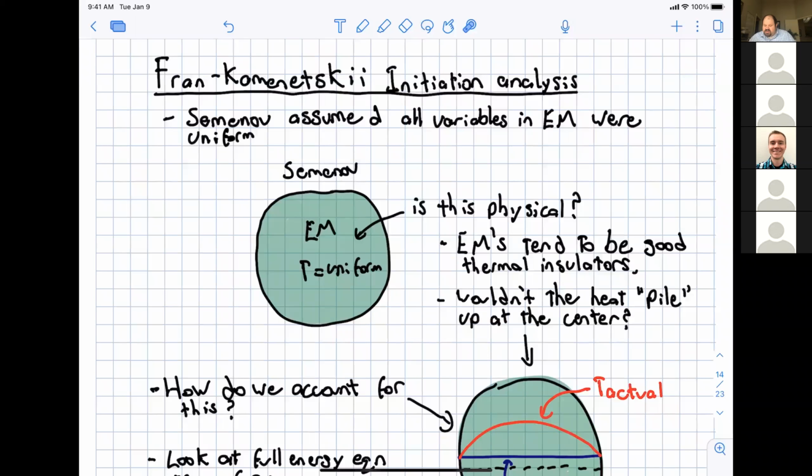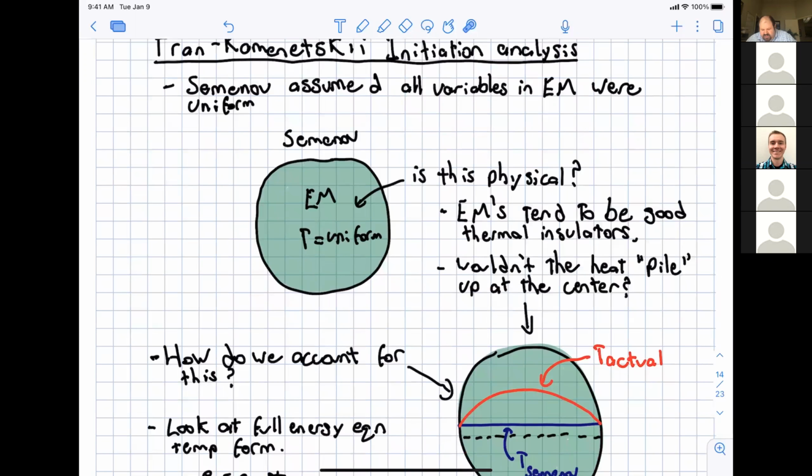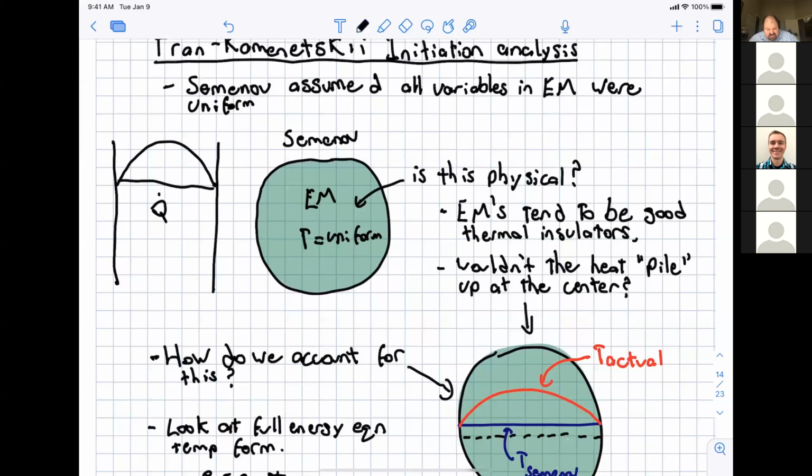So if you have a really good thermal insulator, and you have a heat generation source like you did in your heat transfer class, if you had a planar slab and you had some sort of Q dot occurring inside of it, you probably solved this one exactly, at least in class, and you'd find that due to the thermal diffusivity, the temperature profile would peak in the very middle of the slab, right?